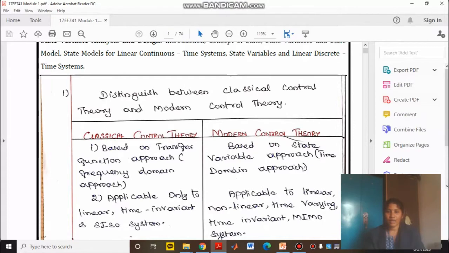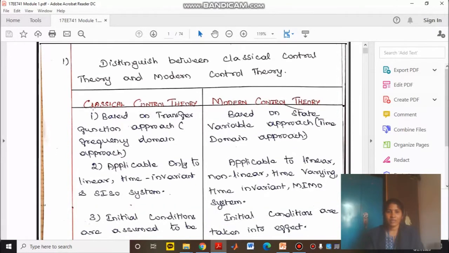Since it is analyzed using the time domain approach, the system is applicable for time varying and invariant systems, both linear as well as non-linear. Whereas classical control theory is applicable only to linear time invariant systems and SISO.